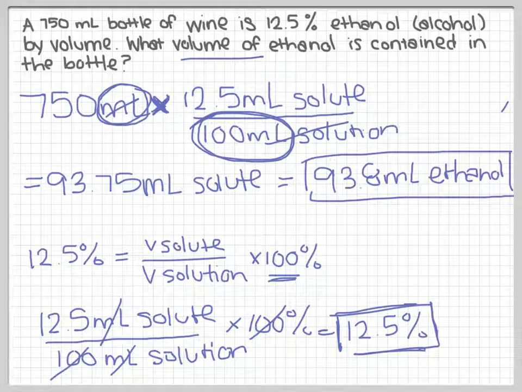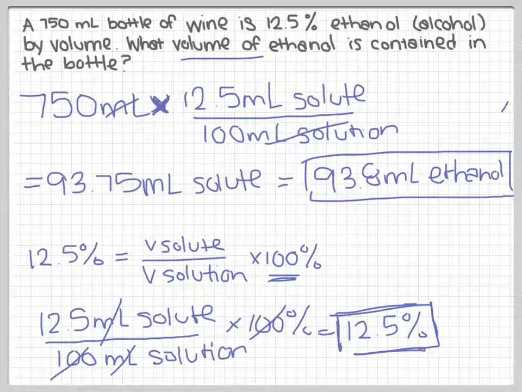If it helps, you can think of my initial value, 750 milliliters, as a fraction in and of itself, where the denominator is just 1 with no units. Dividing by 1 wouldn't change the value of this at all. And so 750 milliliters is the same as 750 milliliters over 1.